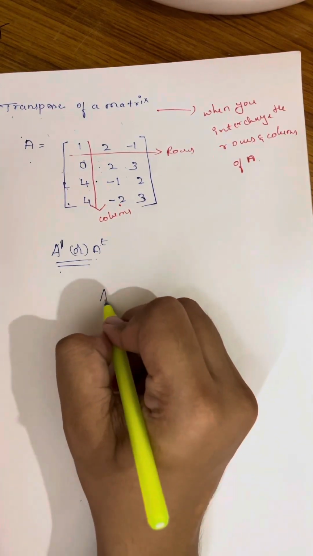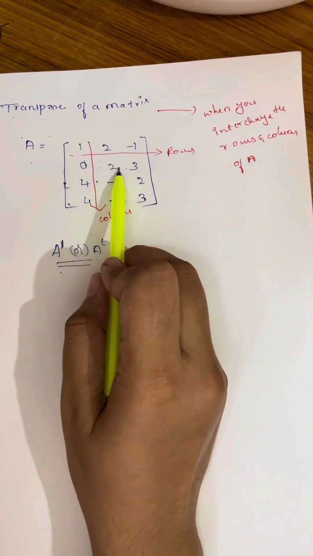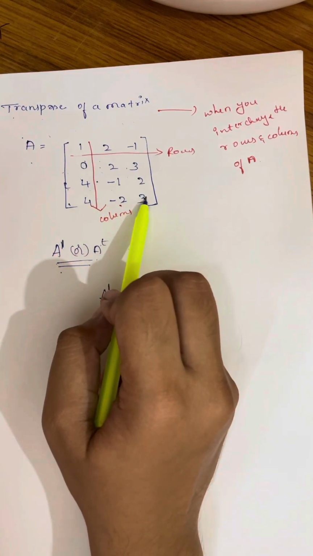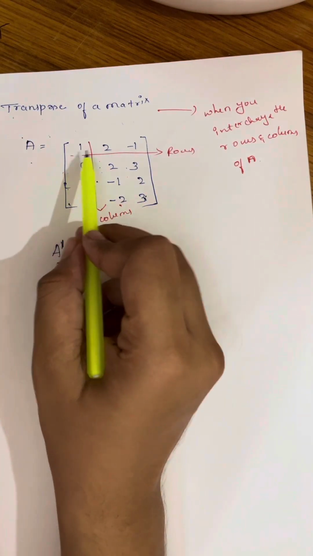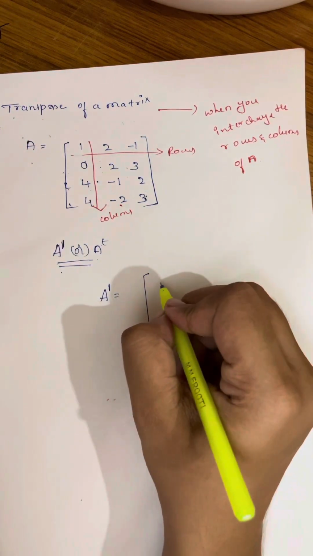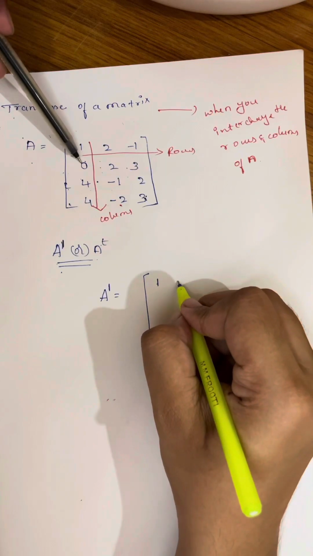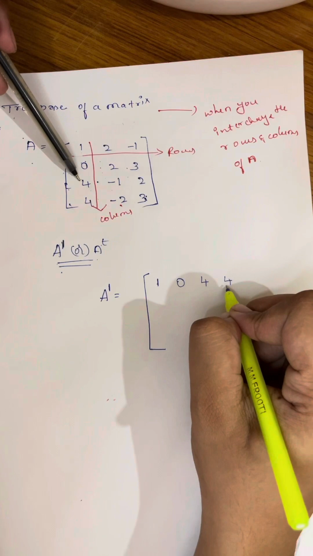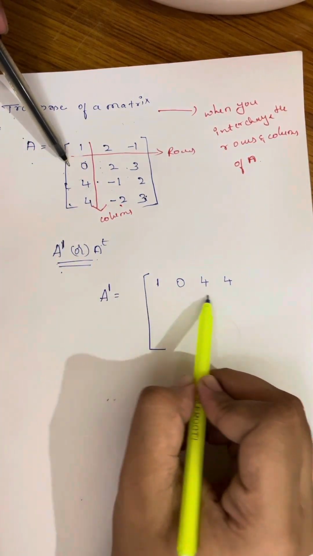So now how the transpose happens. I told we have to interchange the rows and columns. These are the rows and these are the columns, correct? When I interchange the rows and the columns, this is nothing but transpose. For example, 1 0 4 4. What I did, I interchanged the column into the row, right?